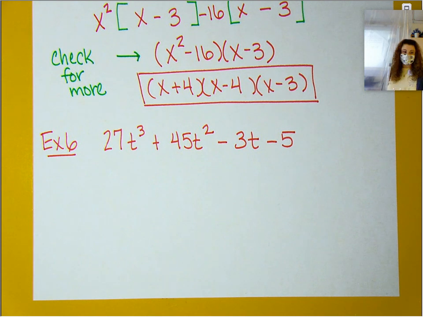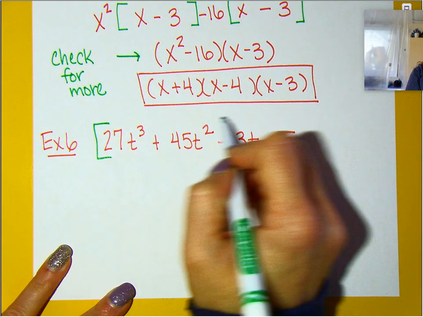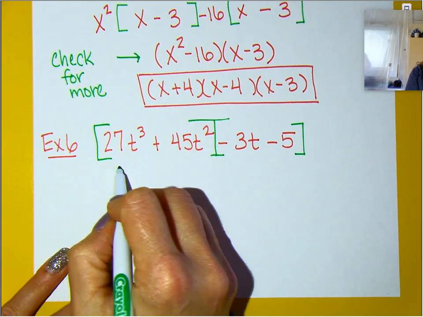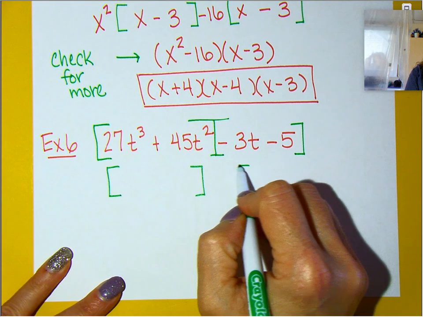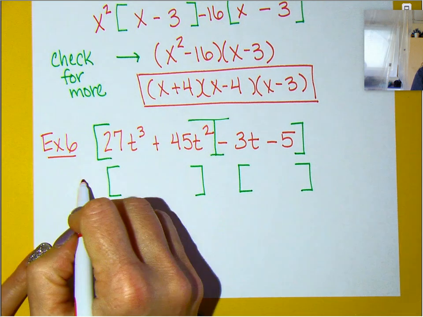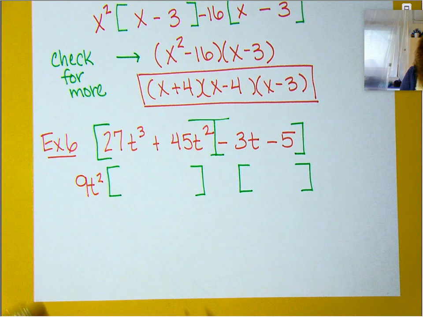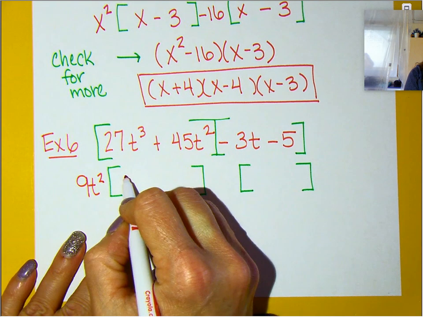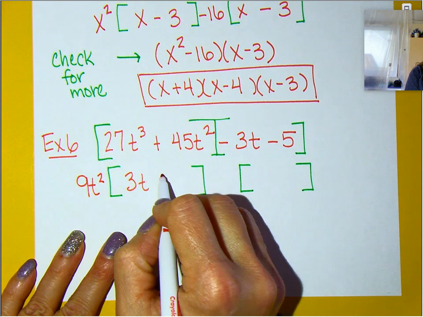Are you ready? Okay. All right. So we're going to group. All right. What did you get come out of your first group, Mason? 9t squared. Perfect. 9t squared. What'd you get left over? 3t minus 3t. Careful on the sign there.